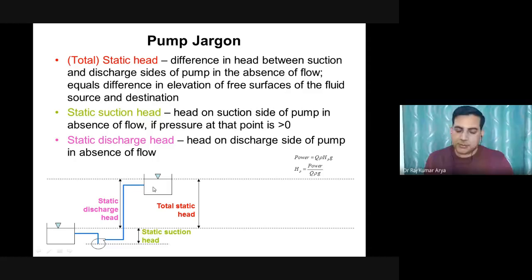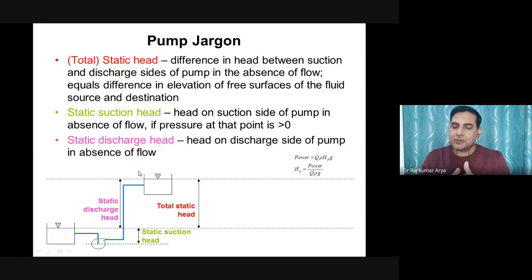Each pump can give you a particular height. After that, we have to put another pump and another pump. That is called a series combination of pumps. You can put one pump here and another pump after this line. You are putting pumps one after another in series when you want to transport the fluid to a higher height or higher distance, because each pump can travel up to some distance only.